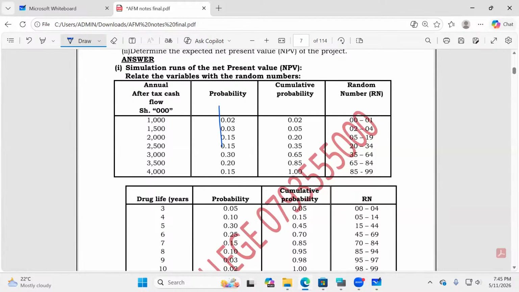So I expect you to give me the cumulative probabilities, and then the random number ranges. Don't copy my figures. I know you are tired, and there is a tendency to copy my figures, but just do it yourselves. Go ahead and give me the cumulative probabilities, and then the random number ranges.